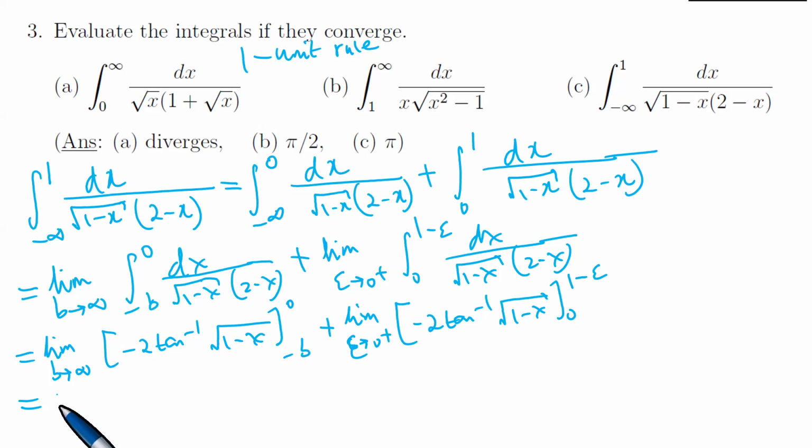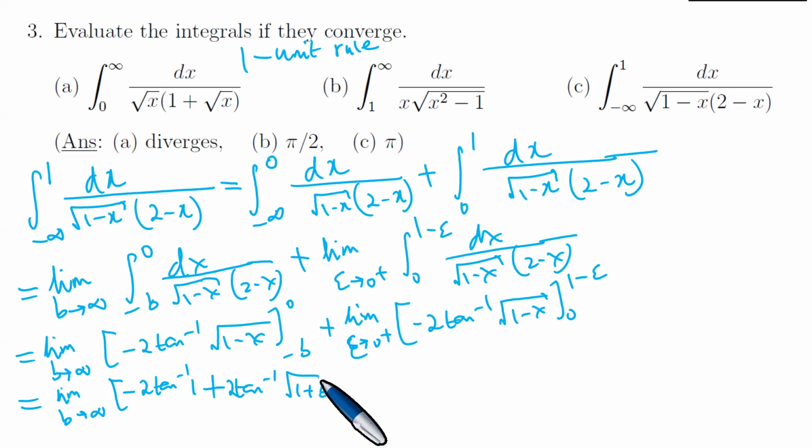Okay, now let's substitute the limits. Arctan, if you put 0 here, it's going to be arctan 1. Because there is a minus, then it's going to be plus 2 arctan, if you put in the place of x here minus b, which is going to be positive, square root of 1 plus b.